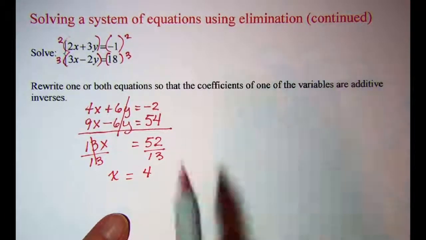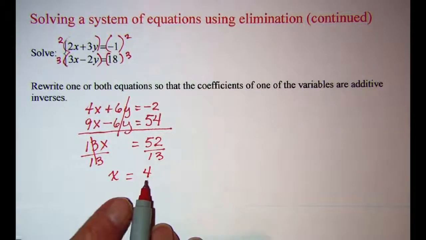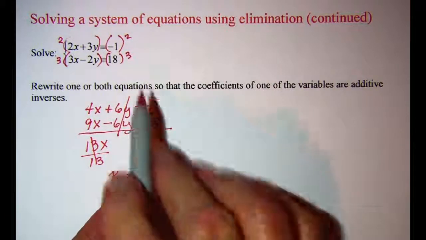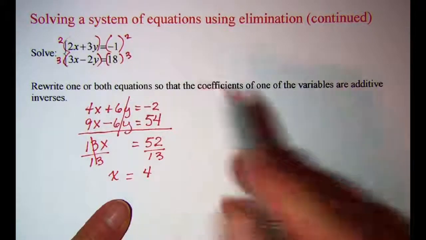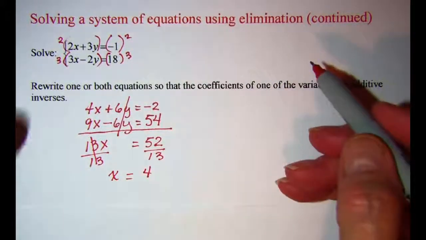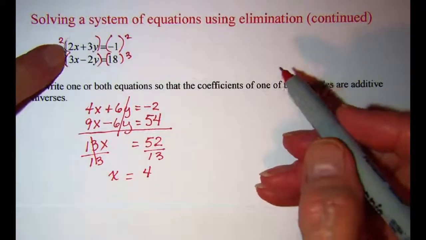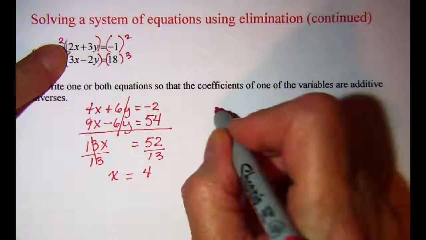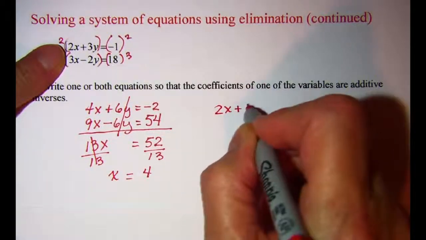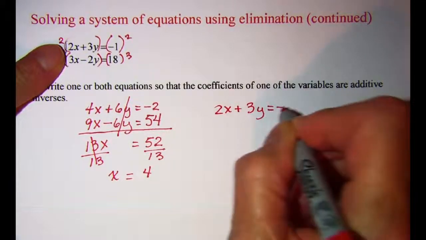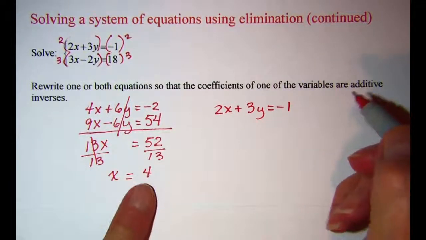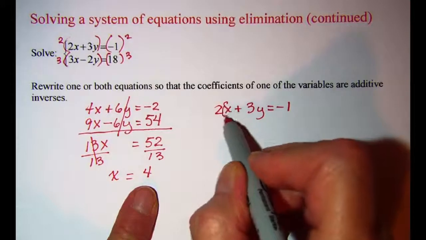Now we still need to find the y coordinate that goes with this x value. So I'll put it back into one of the equations. It doesn't matter which one. I'll just put it into the top one, the original one. So I have 2x plus 3y equals negative 1. And we're putting 4 in place of x.